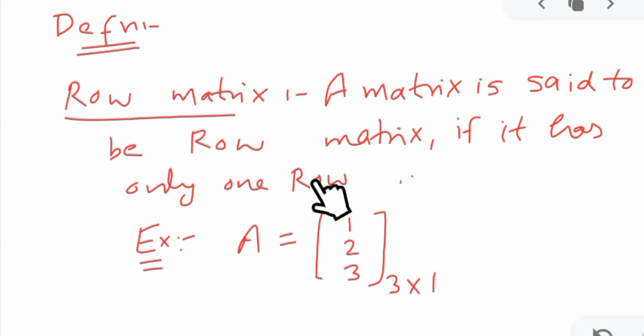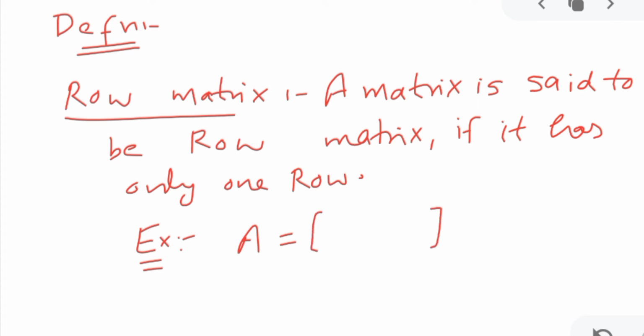Obviously the example will change also. For matrix A, I will give an example in the same way, 1, 2, 3, only one row. Columns I am keeping 3, so 1 row, 3 columns, so 1 cross 3. This is an example of a row matrix. In a column matrix only one column, in a row matrix only one row. This is clear?